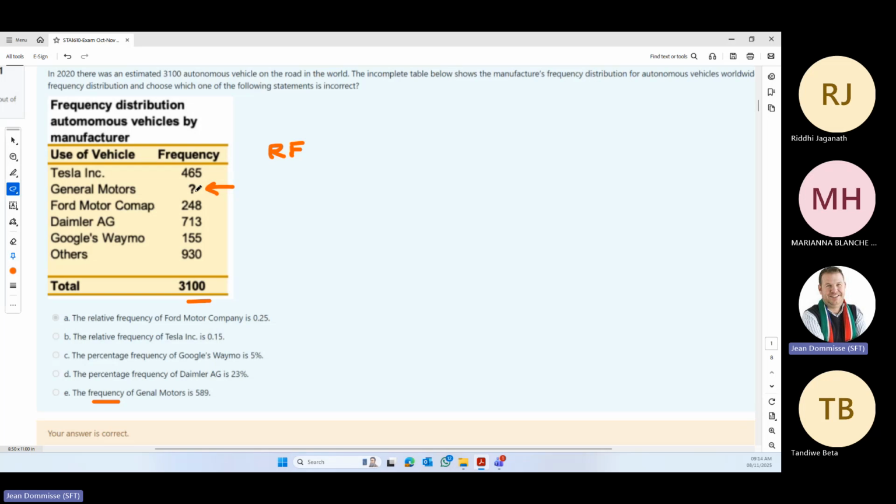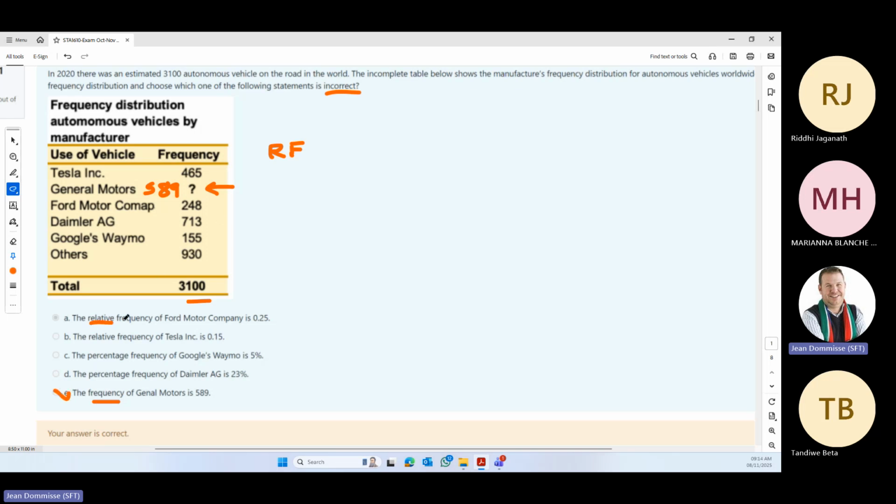So we, in any case, need to work out the relative frequency of that. So let's quickly do that and see if that is the simplest one to answer. Okay, so 3,100 minus 465 minus 248 minus 713 minus 155 minus 950 gives me 589. Okay, so we know 589. We're looking for the incorrect one. So 589 is correct.